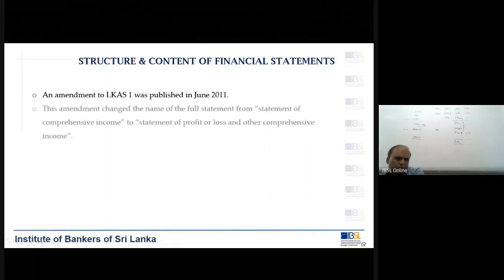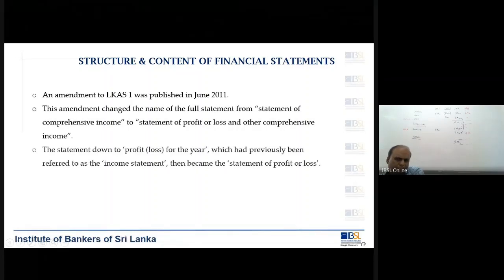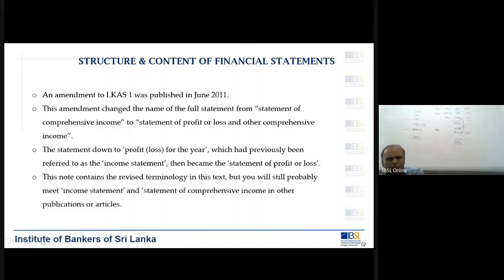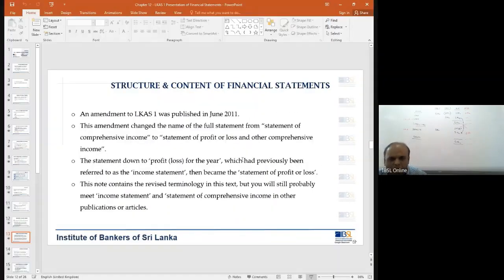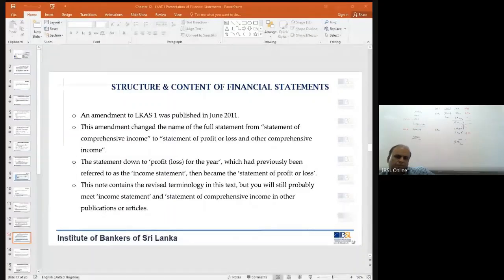So with regard to the contents, this slide, I will explain it to you. Now, if you look at this, this is another way of presenting your financial statement, where you say income statement, that is your profit or loss, and continue that with the name, you see, statement of profit or loss and other comprehensive income.